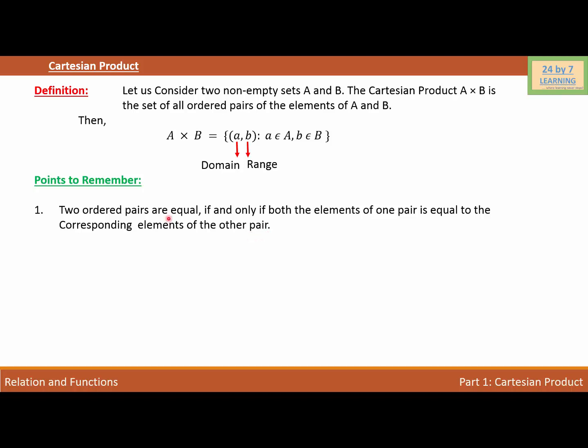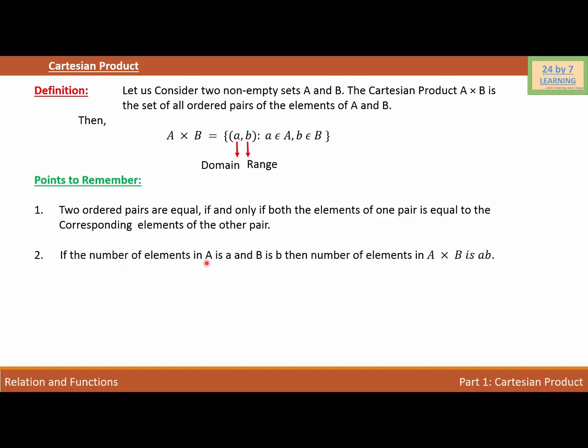Which simply means that if two ordered pairs are equal, then the first element of the first ordered pair should be equal to the first element of the second ordered pair, and the second element of the first ordered pair should be equal to the second element of the second ordered pair, which means that the corresponding elements of the two ordered pairs are equal.